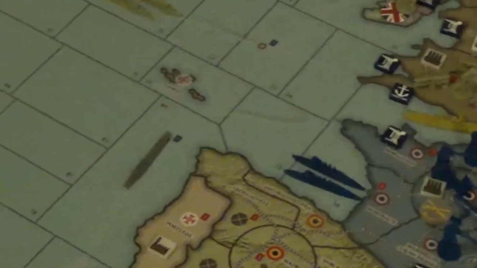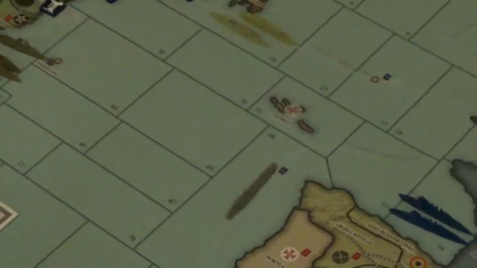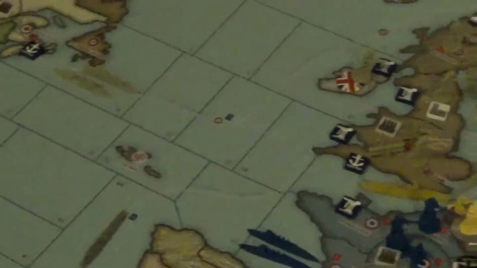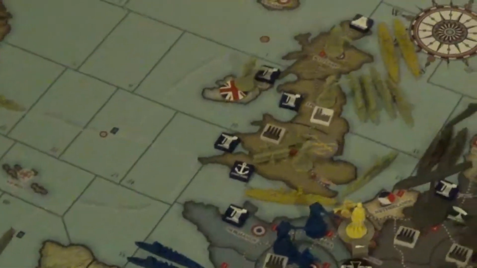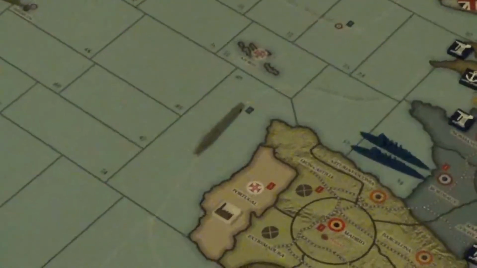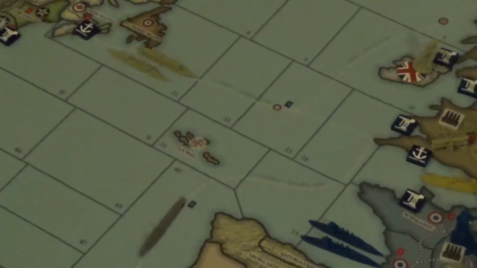Remember I mentioned there's convoy raiding, so America increases its production by how much England loses through German submarine convoy raids.